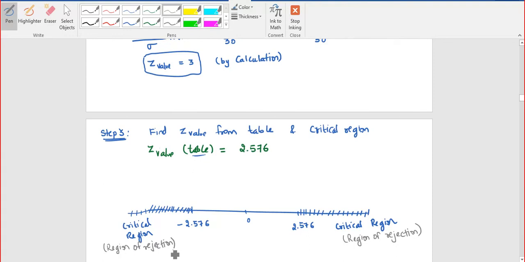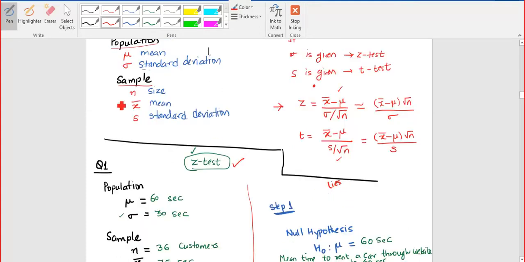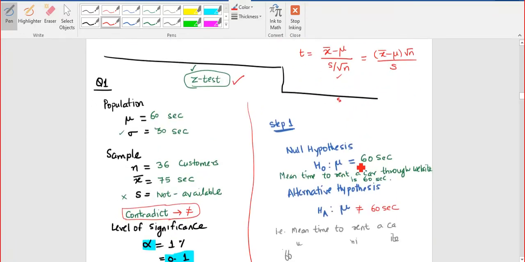Now let's see where our point lies. We have the value of z as 3. It will definitely be greater than 2.576, so it will be somewhere here. Say z is equal to 3. So what is happening? Our value lies in the critical region, isn't it?